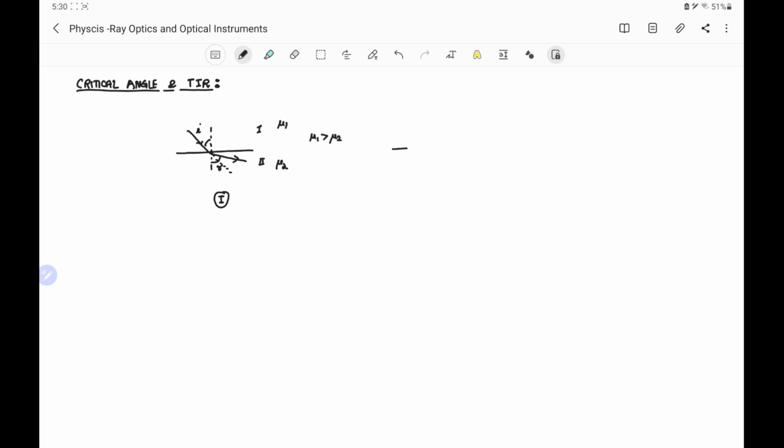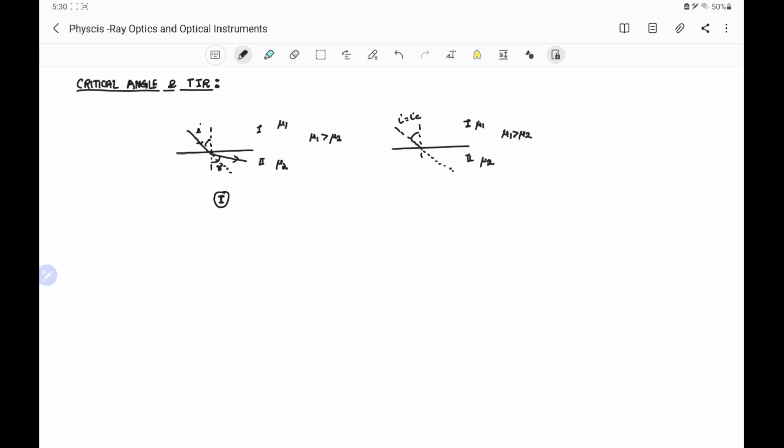In the second case, if a ray is incident at a particular angle I, say IC, which we call the critical angle, at the boundary of two media 1 and 2 with refractive indices mu1 and mu2, with mu1 greater than mu2, that means the ray is moving from denser to rarer medium.